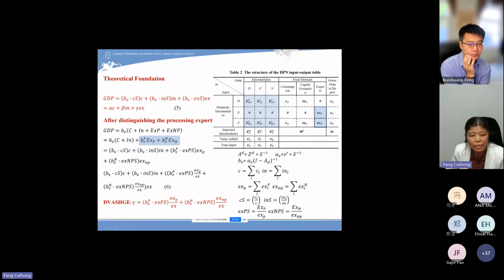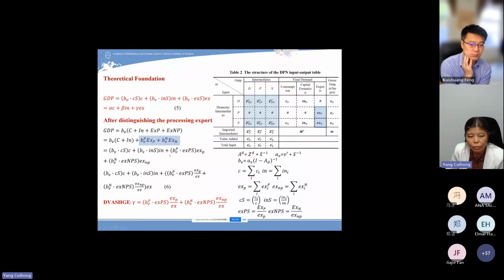This one is the processing export, and this one, XN, is non-processing export, and BVP and BVN are respectively the total value added coefficients of processing export and non-processing export. Similarly, we also define the share of processing export and the share of non-processing export.